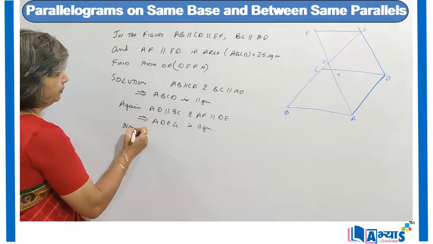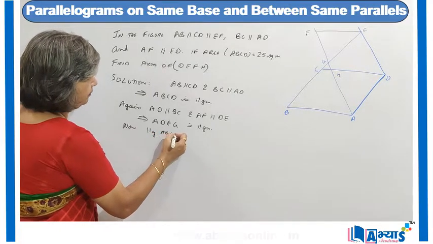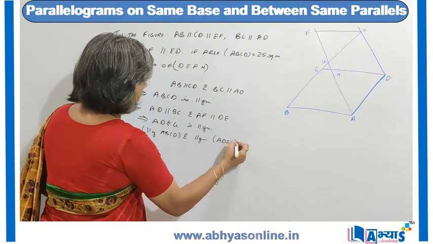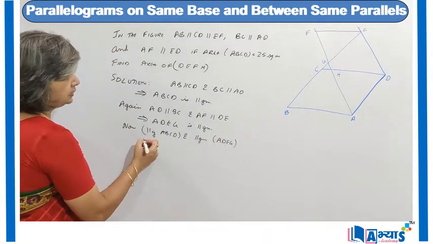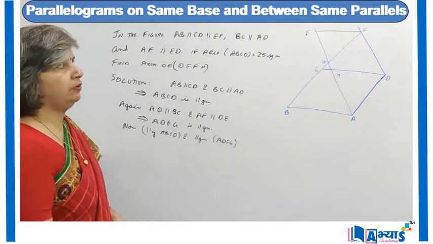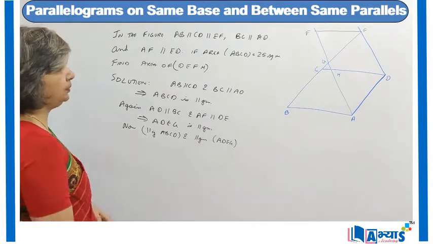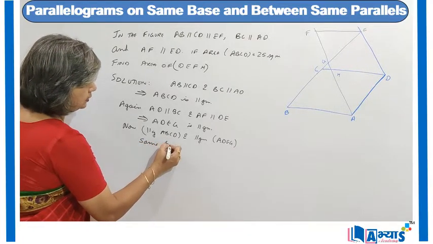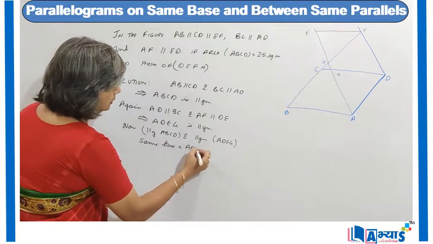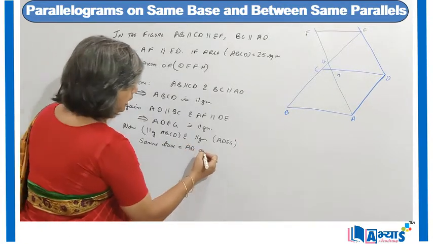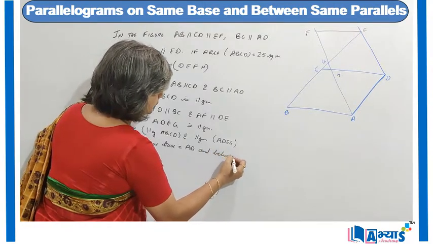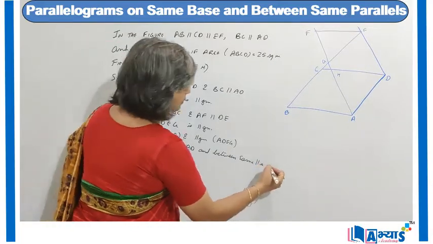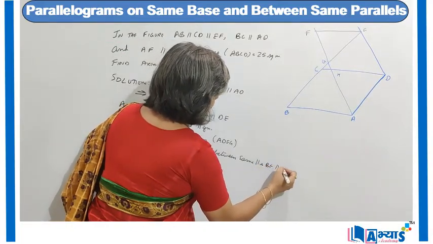Now, parallelogram ABCD and parallelogram ADEG lie on the same base. The same base is AD and they are between the same parallels because AD is parallel to BC. As both the parallelograms lie on the same base AD and between the same parallels, BE is parallel to AD.